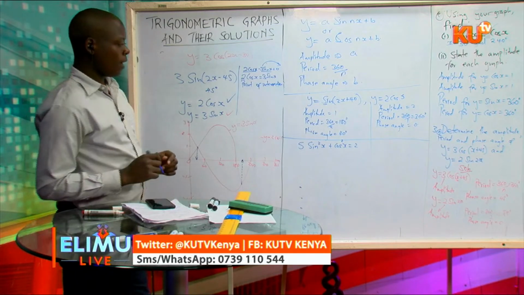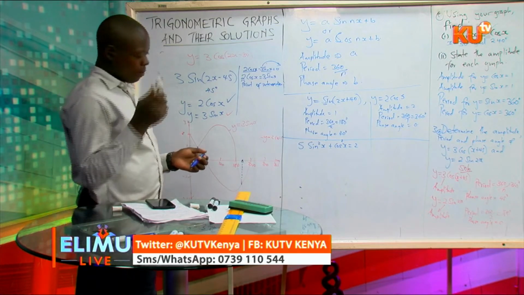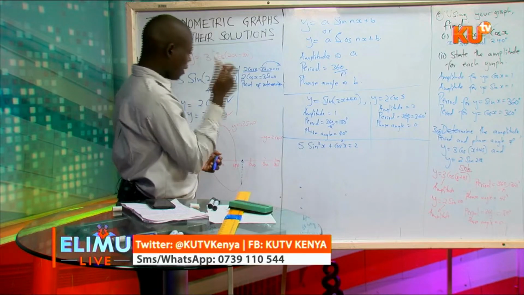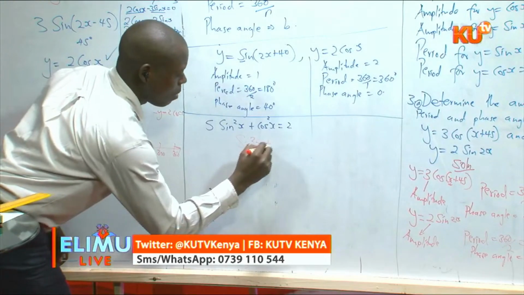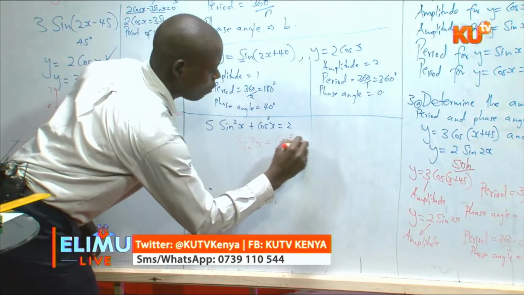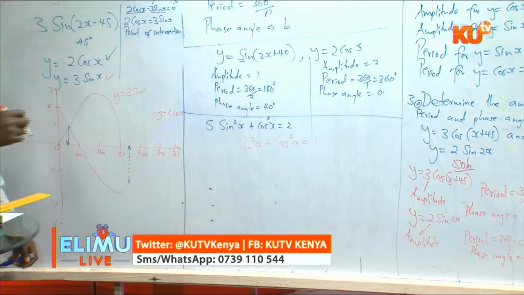And the first trigonometric identity, Emmanuel, which will be applicable here, is sine squared x plus cos squared x is always equal to 1.